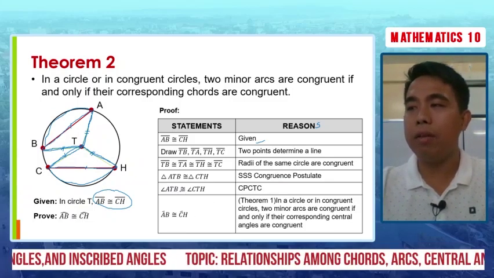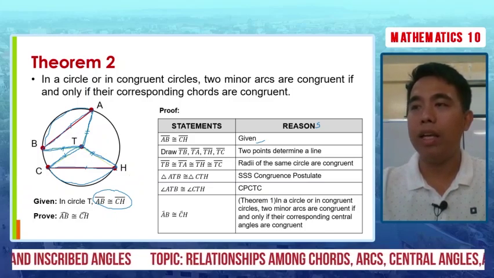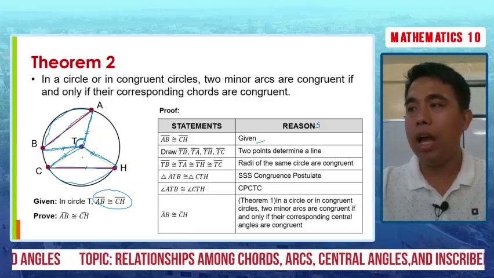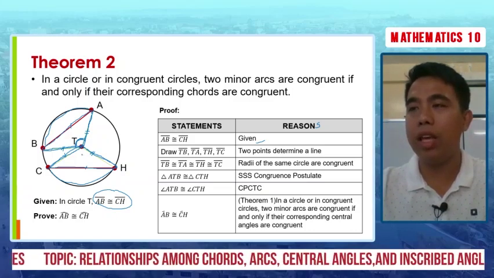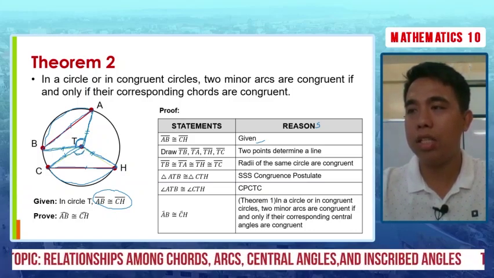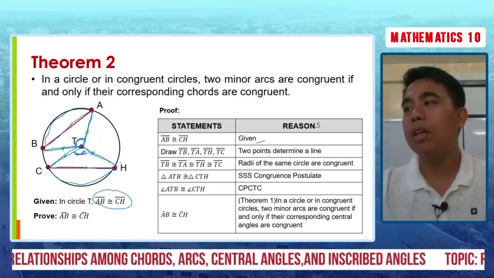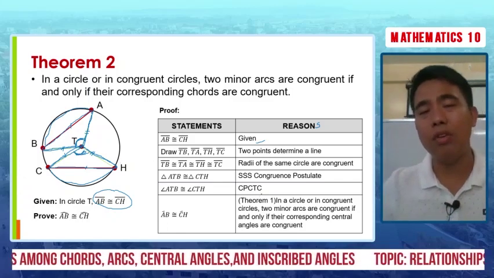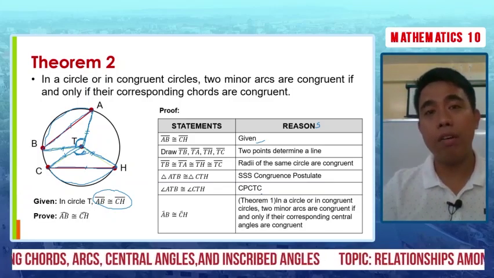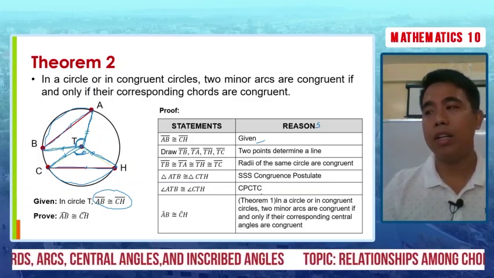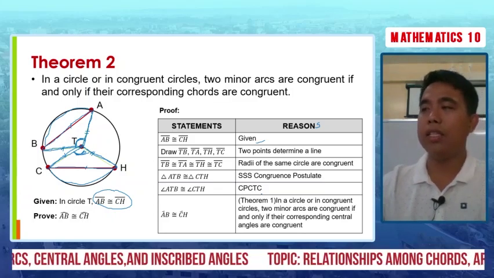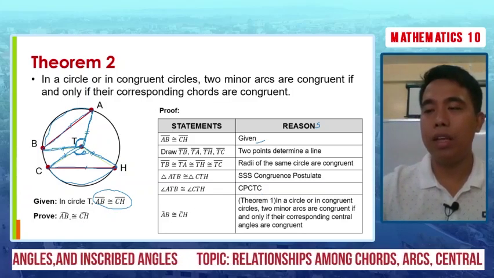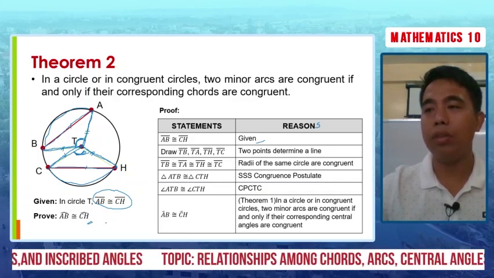Then angle ATB, where is angle ATB? This angle is congruent to angle CTH, that angle, by CPCTC. What is CPCTC? Corresponding parts of congruent triangles are congruent. That is CPCTC. And then last, we prove that arc AB is congruent to arc CH.